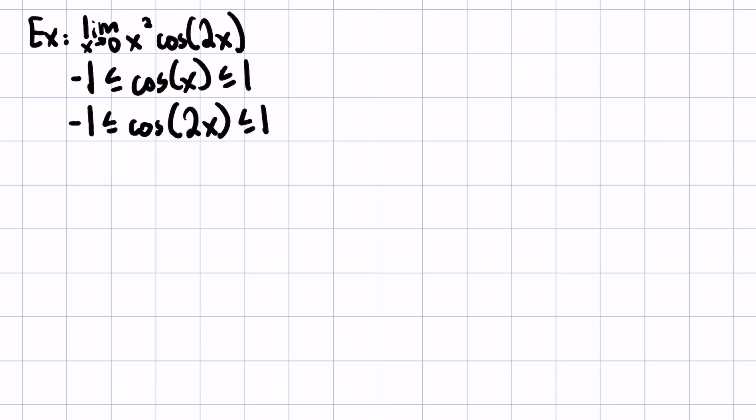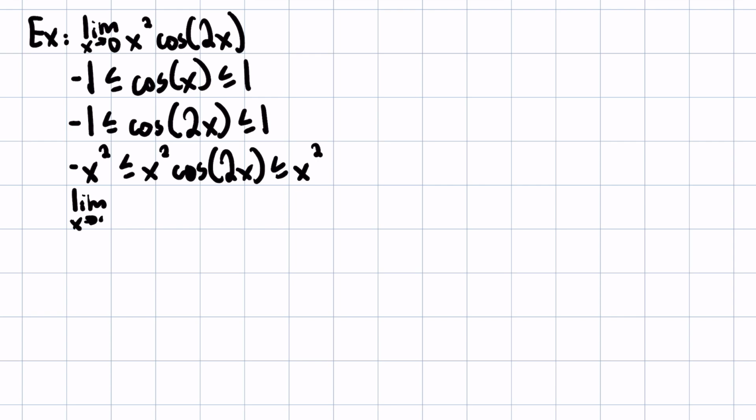And so what we want to do is work from this identity to get the middle part to look like the function we're trying to take the limit of. So here, we're just one step away. We just are missing the x squared. So let's multiply by x squared. Okay, and now let's take the limit of the whole inequality as x approaches 0.